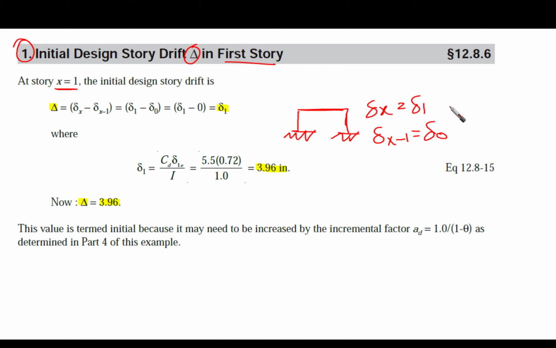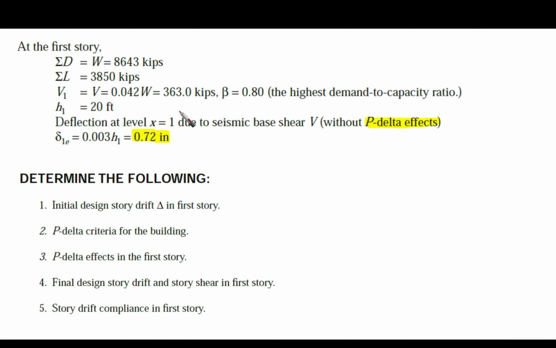Now we want to know this delta 1, and delta 1 is already given to us in the information of this problem. So we have delta 1 equal to 0.72 if you check the information of the structure. We have it here highlighted, 0.72 inches.